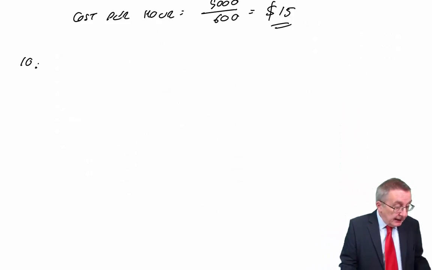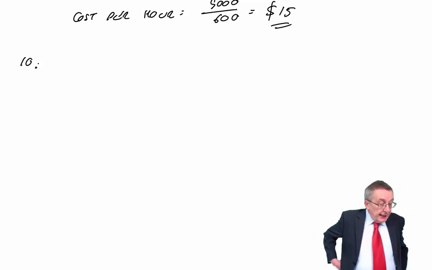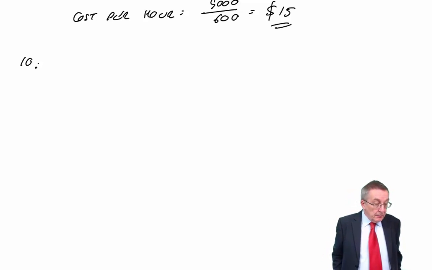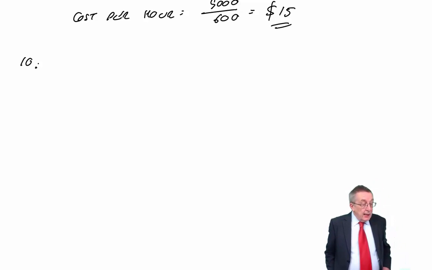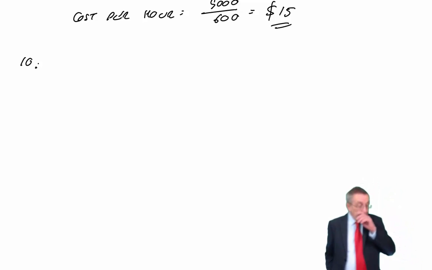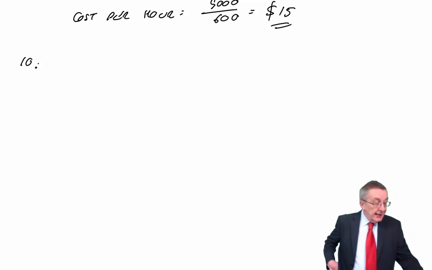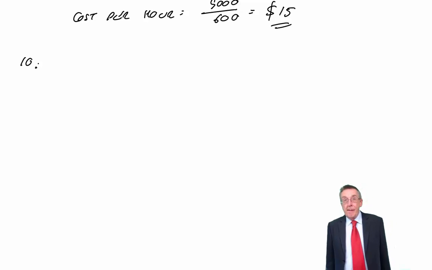Anyway, number 10. Which of the following may be used to close the target cost gap for P1? If we look back, the company is a manufacturer of multiple products and uses target costing. It's been noted that product P currently has a target cost gap, and we wish to close the gap.